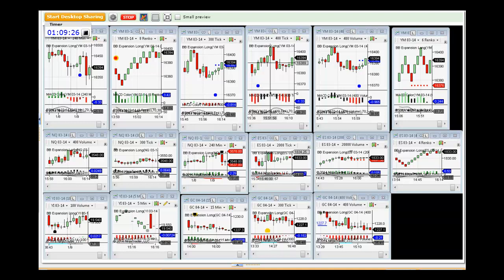You need a quality system that will increase the probability of your success, that addresses the different market types. A lot of systems are only coded around one particular market cycle, whether that be choppy market, trending market, breakout, reversal. Ours encompasses all of those.